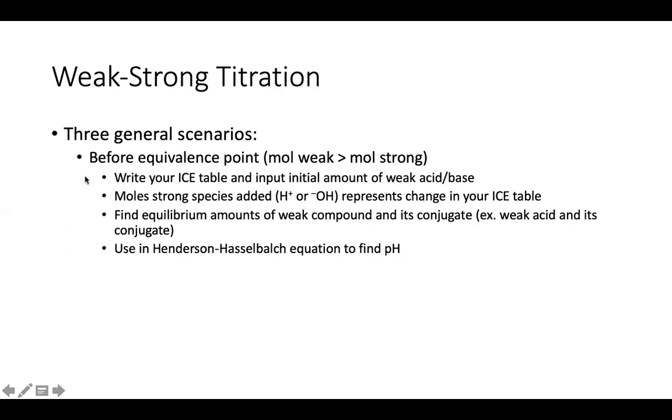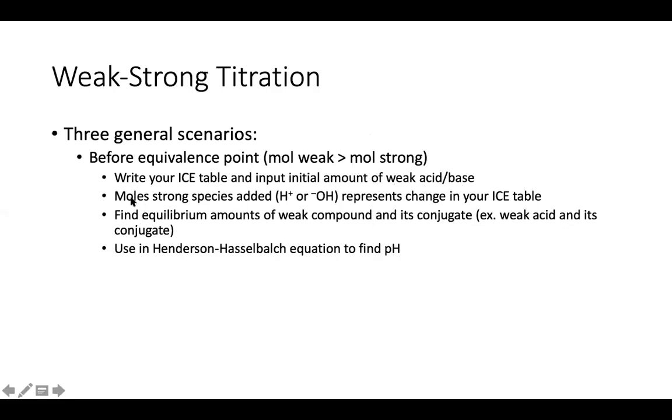Okay, and so what you're going to do is start out by writing your ICE table, right? You'll write ICE down the side, and you're going to have an initial amount of that weak acid or base. For this current example, let's pretend that we have a weak acid and we're titrating with strong base.